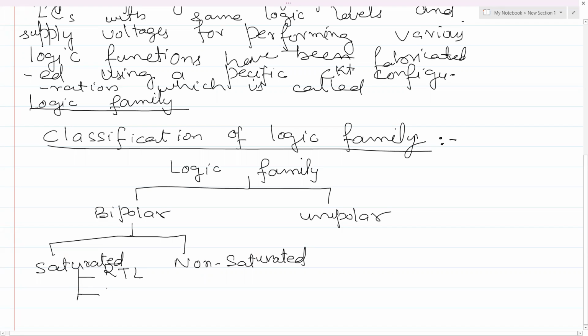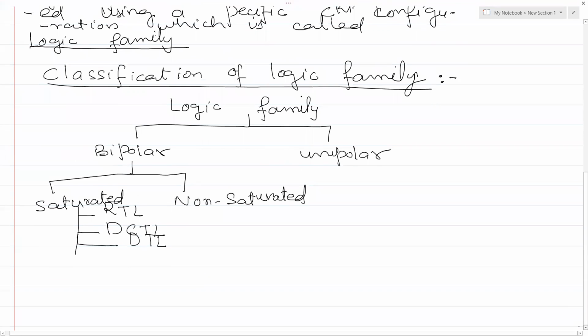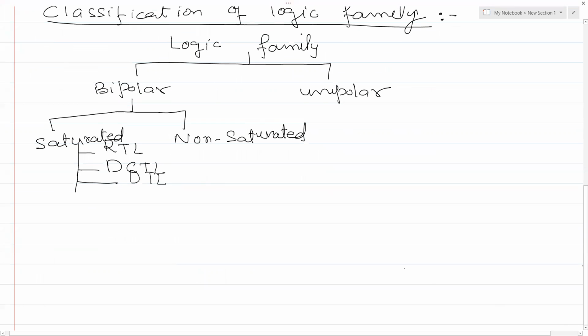Then you have DCTL, then GTL, then I square L. Further you have HTL. Then most important among all is TTL.